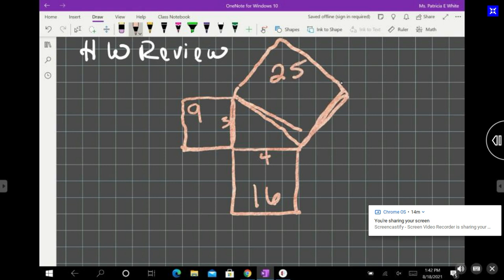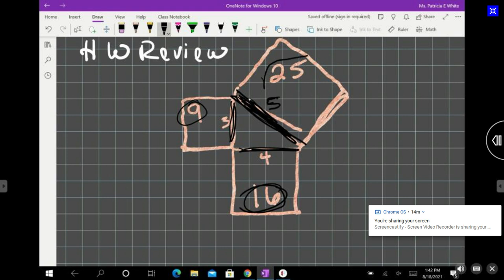Now what I want to know is how long is this line? So if this area is 9, then that line was 3, right? If this area was 16, that line was 4. So this area is 25. How much is this line? 5. We need the square root of 25. And that's what Pythagoras says.